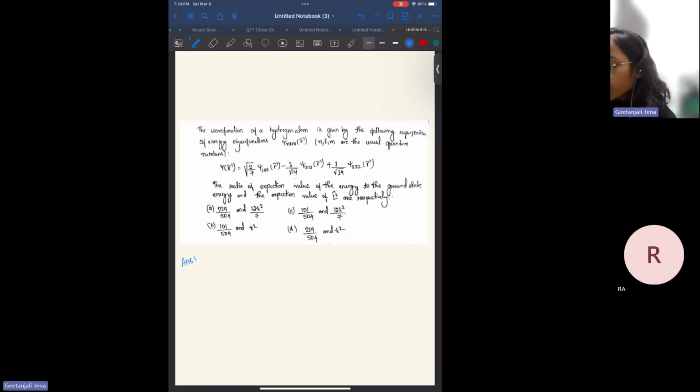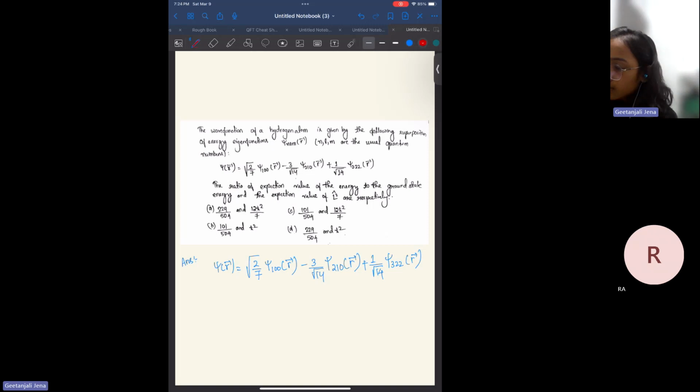It is given that the wave function for a hydrogen atom is a superposition of energy eigenfunctions. So psi of r is given, which is nothing but root over 2 by 7 psi 100 of r, plus 3 by root over 14 psi 210 of r, and 1 by root over 14 psi 322 of r.